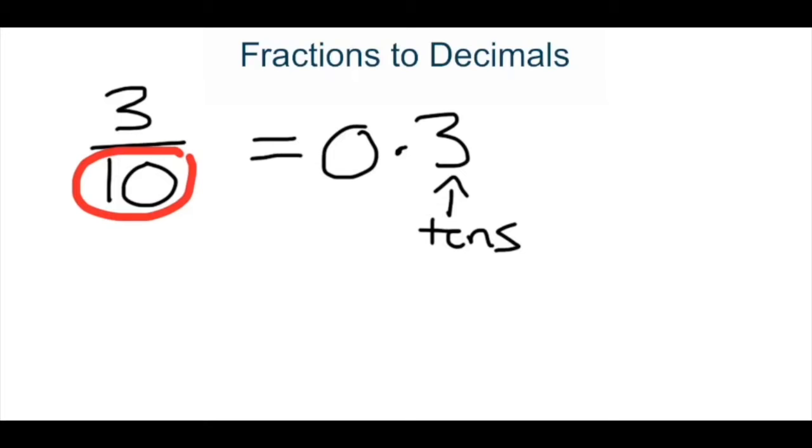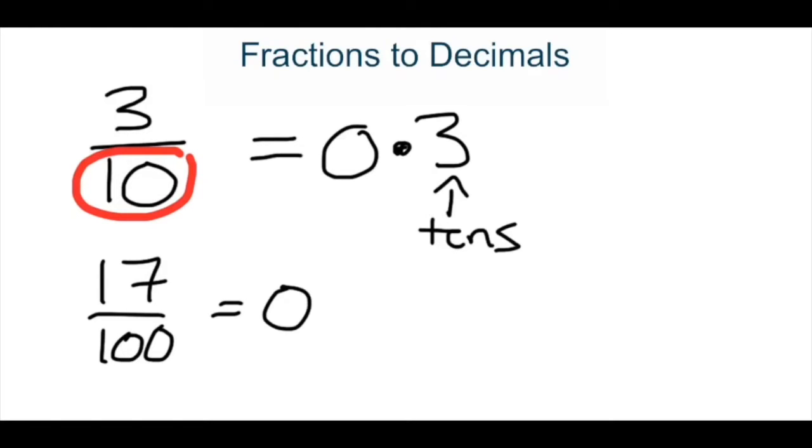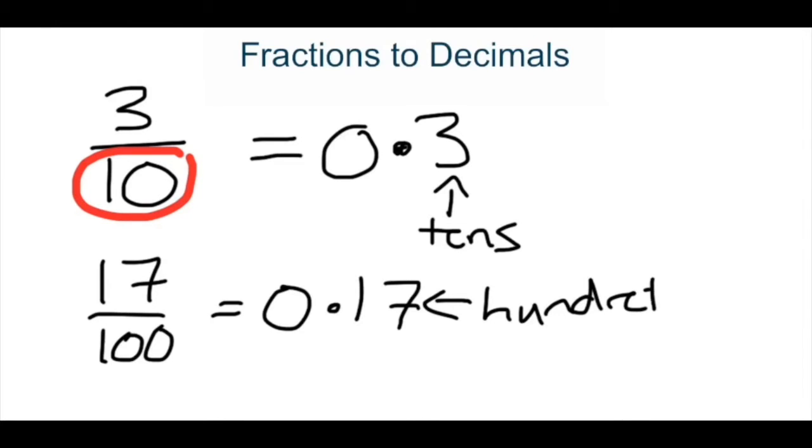So here, because it's 3/10, we just place our 3 in the first decimal place, our tenths position. If we were to put something over 100, we would just place those inside our decimal point, because our last number would now sit in the hundredths position. So those are easy ones to do.